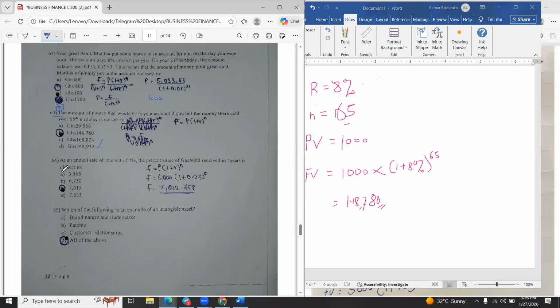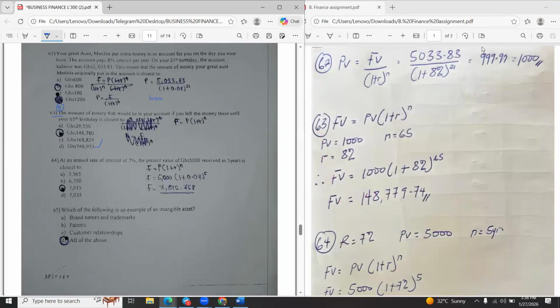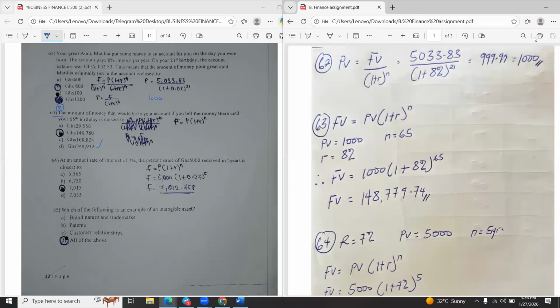64, I expect you to know how to do it. It says that at an annual interest rate of 7%, the present value of 500 cedis received in 5 years is close to. So this is asking you to do what we call a future value. Looking at question number 62, from what we have here, you can see the solution. It was 999.99.